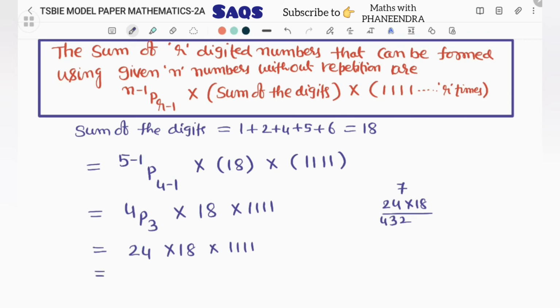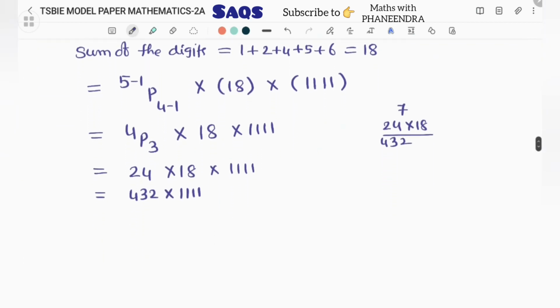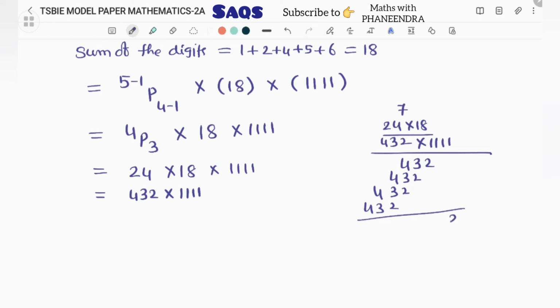So 432 into 1111: writing 432 four times and adding gives 4,79,952, which is the required sum of the digits.